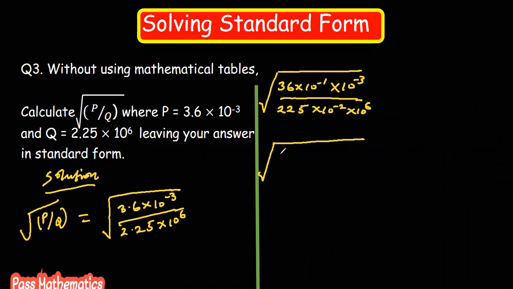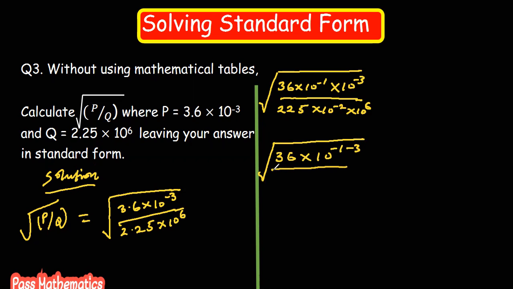So we have 36 times 10. Let's add the indices now. According to the law of indices, we add the powers, minus 1 and minus 3, and then we should have minus 4.